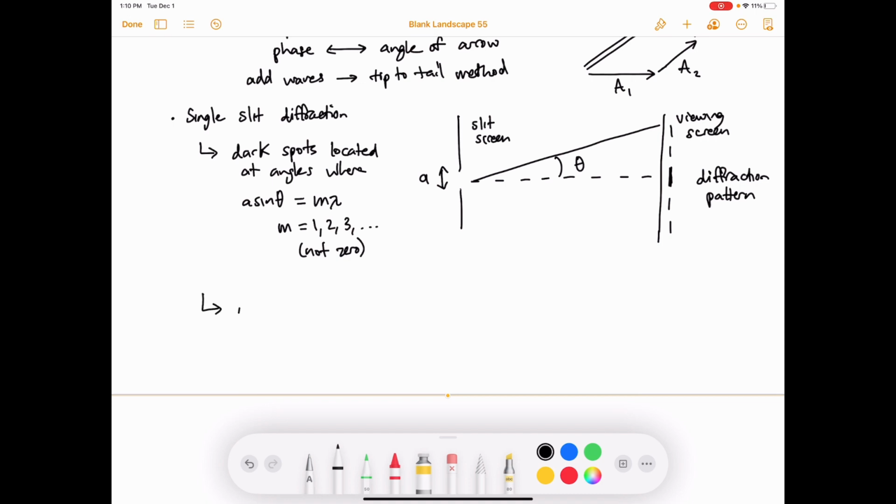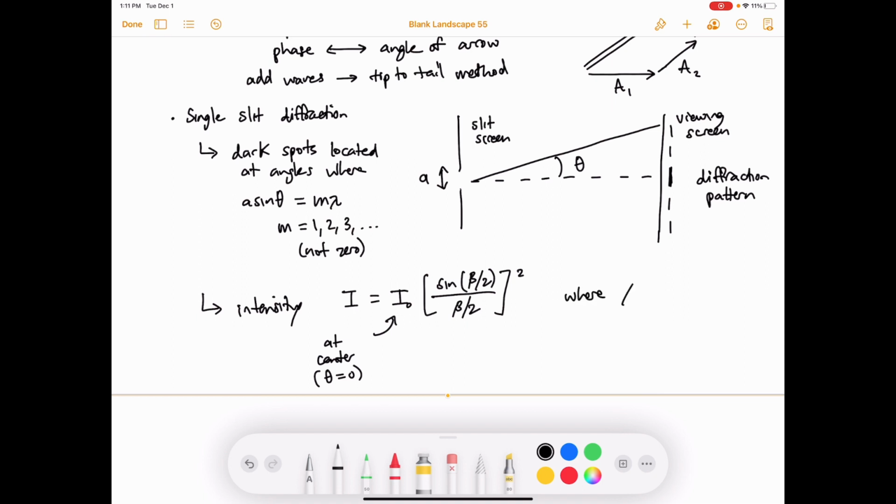Another thing we derived is the intensity at any point within our diffraction pattern. This is given by I equals I naught, so that's at the center of the pattern, where the angle is equal to 0, times the quantity sine beta over 2 divided by beta over 2, all squared, where beta is equal to 2 pi divided by lambda times A sine theta.